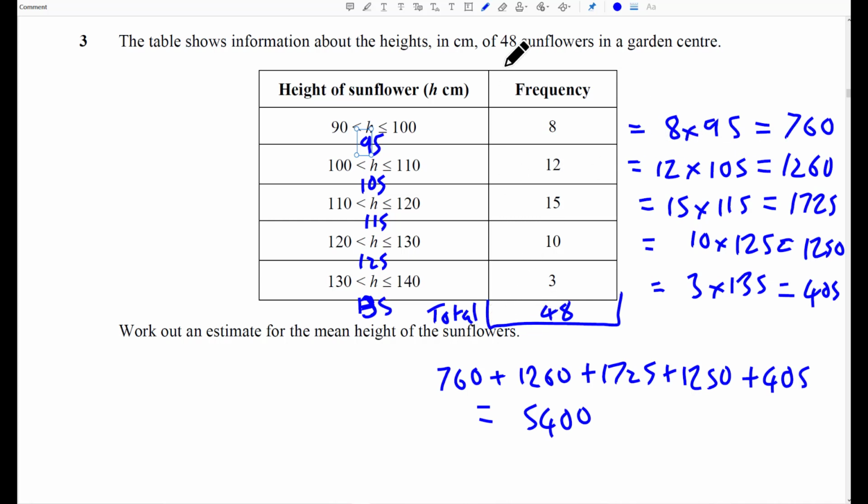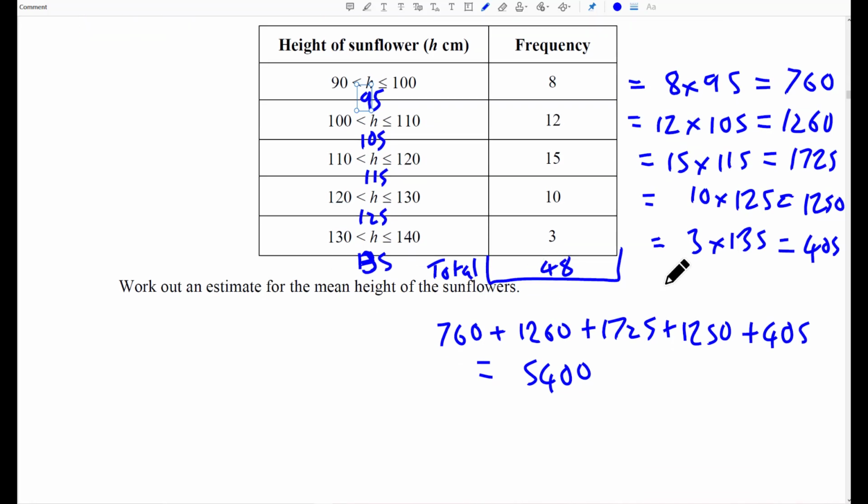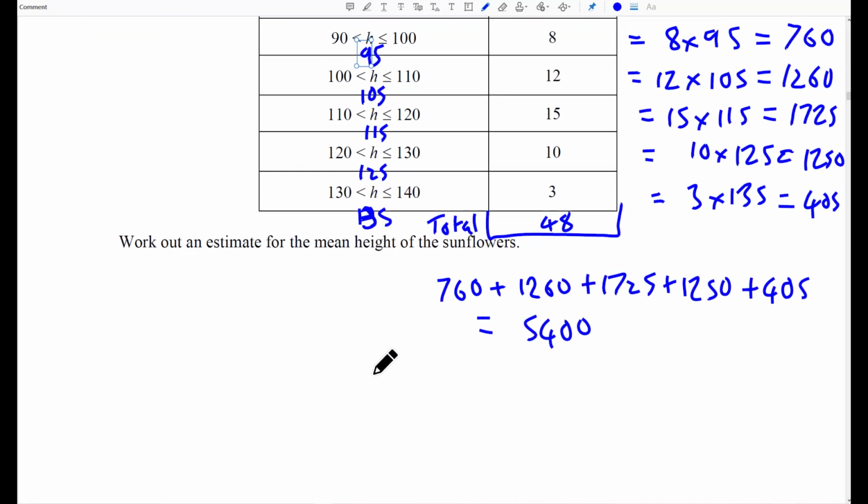Double check the total. They have told us it's 48, so it's 48. So the mean is going to be this total divided by 48. I want to see this working out written down to guarantee your method marks. And that's 112.5.